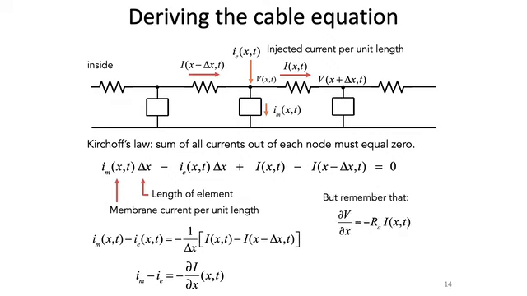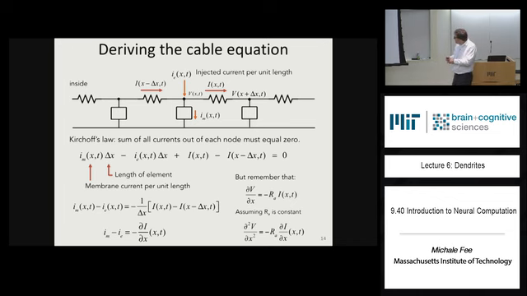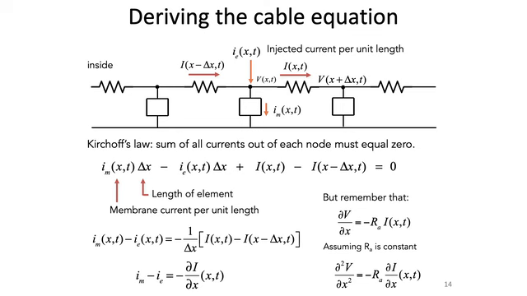We're going to take Ohm's law. There's Ohm's law. Let's take the derivative of that with respect to position. So now we get the second derivative of voltage with respect to position is just equal to minus Ra times the first derivative of current. And you can see we can just take this and substitute it there. Okay? And so here's what we get.